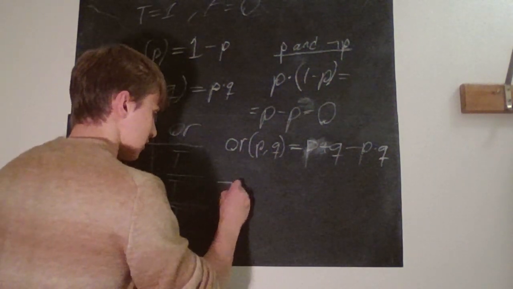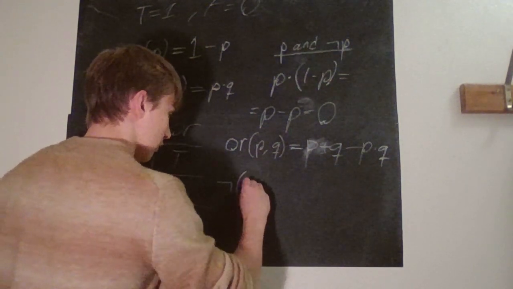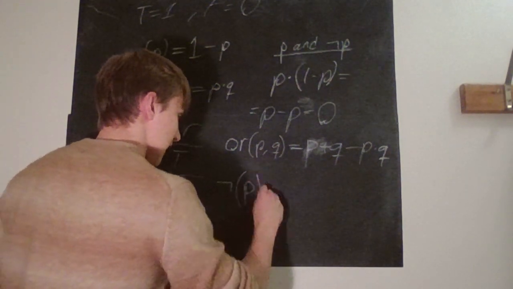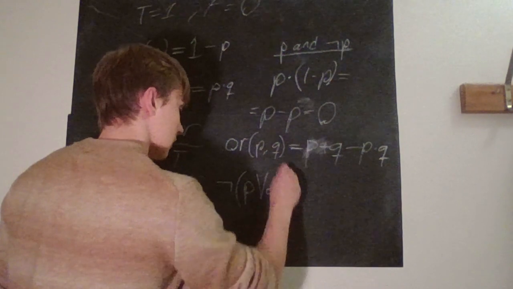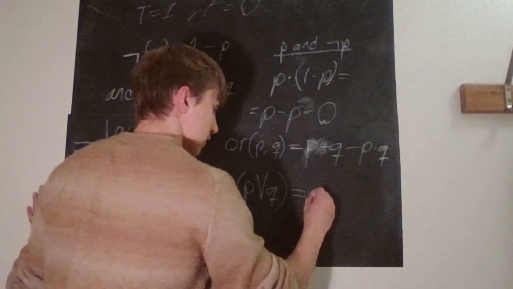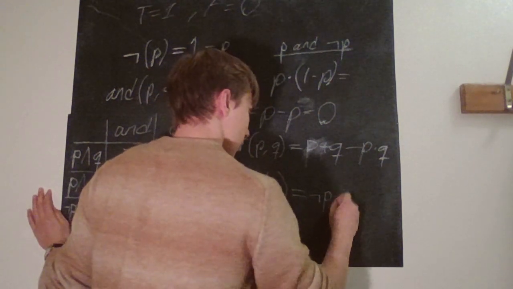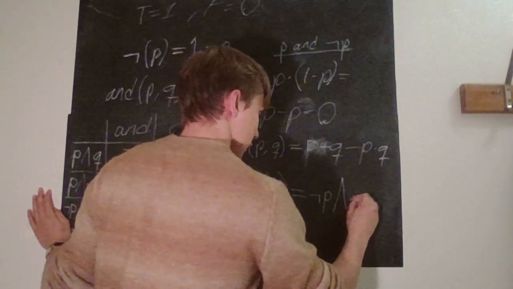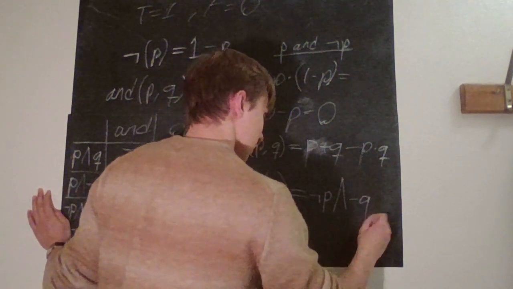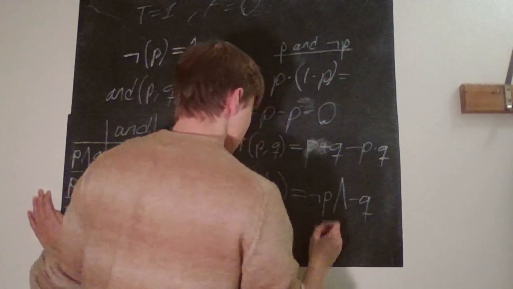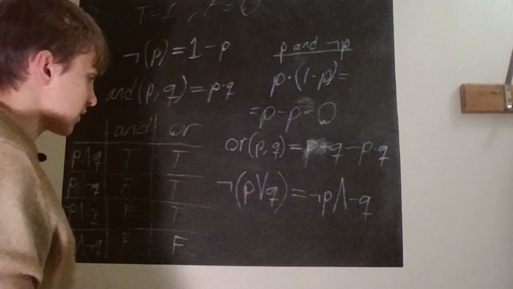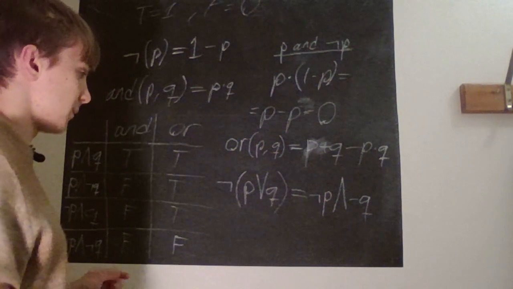The logical negation of P and Q is equal to the logical negation of P or the logical negation of Q. I can try to give you a good example here.